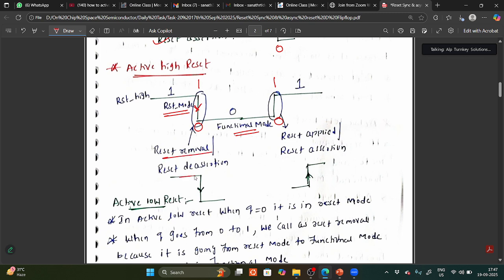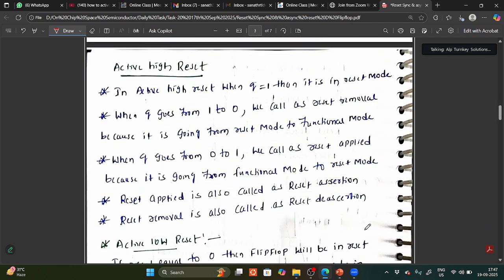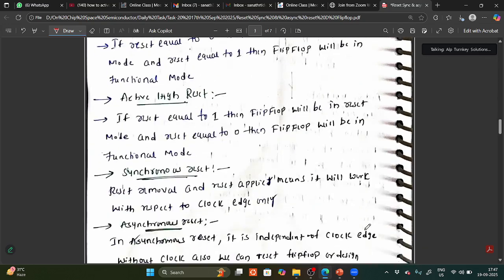So this is active low reset and active high reset.